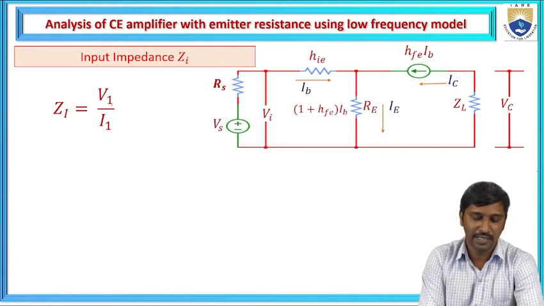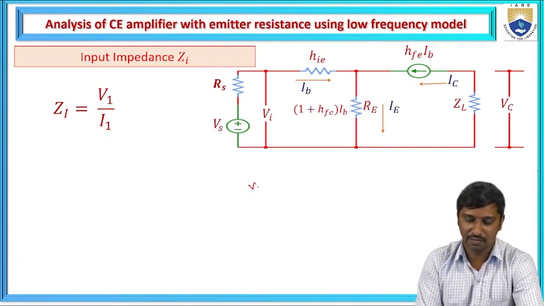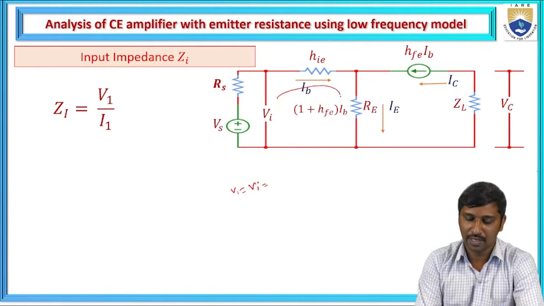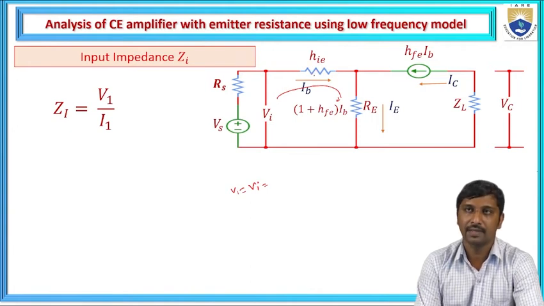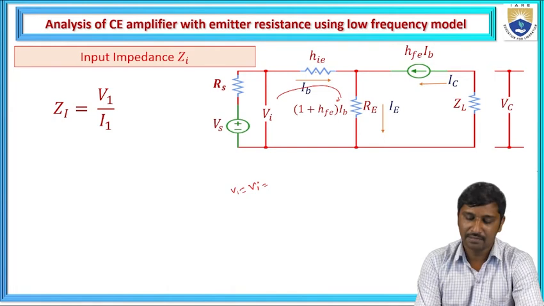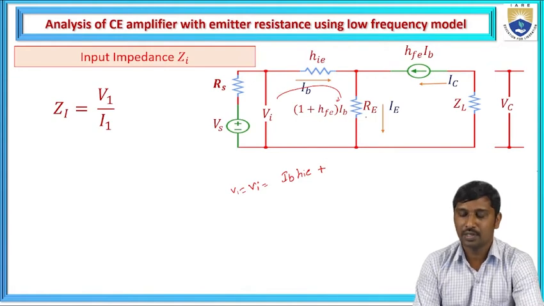Now we need to calculate what is V1, or VI. If you observe this one, apply KVL loop analysis for this input side loop. The voltage drop across the input impedance is represented as IB times HIE, plus the voltage drop across the emitter resistance. This input voltage also passes through the emitter resistance.